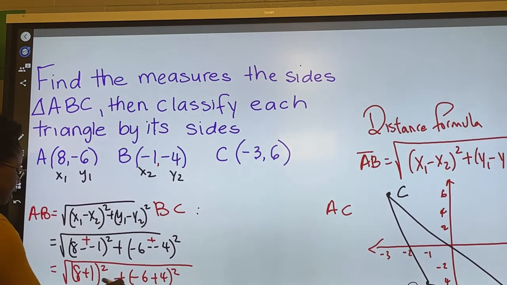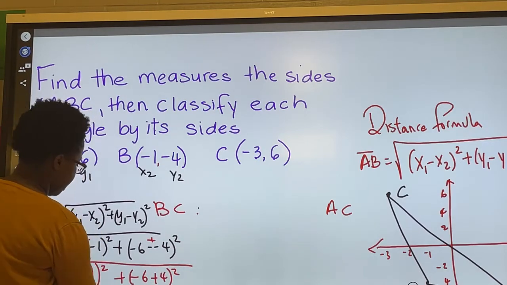From here, we're going to have 9 squared plus negative 6 plus 4, negative 2 squared. We always put negatives in parentheses, as that's how your calculator will read it if you use a calculator. But we always advise to use parentheses with negatives, so you know that it's the number by itself.